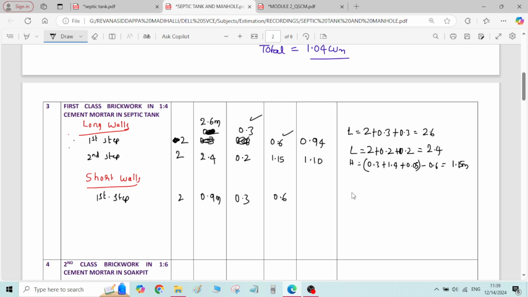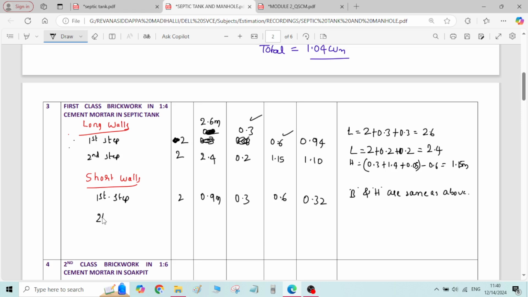Okay, so here we can write a note: B and height are same as above. Here you will get the quantity as 0.32 cubic meter.